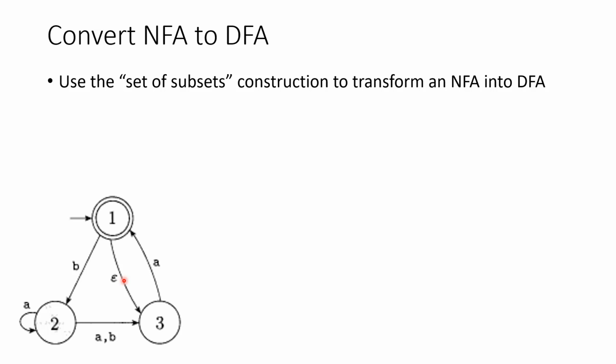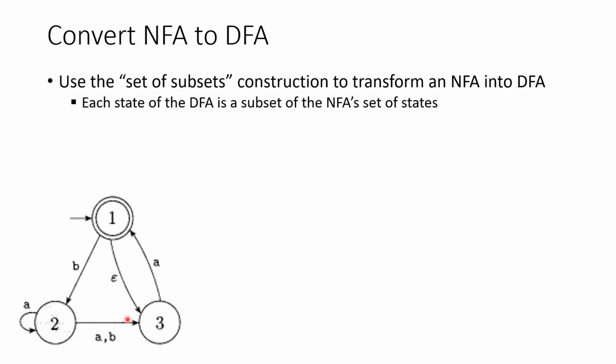The key idea is for the state of the DFA after reading a given input to represent the set of states that the NFA might have reached on the same input. More precisely, each state of the DFA is a subset of the NFA's set of states.